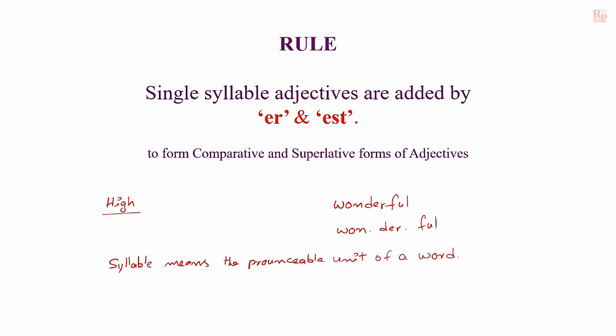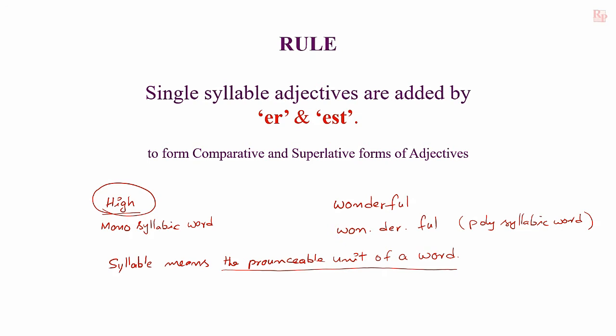Syllable means the pronounceable unit of a word. Here, in the word high, there is only one pronounceable syllable. That's why it is called a monosyllabic word. And wonderful is called a polysyllabic word. Here, high is an adjective and it is a monosyllabic word or single syllable adjective.